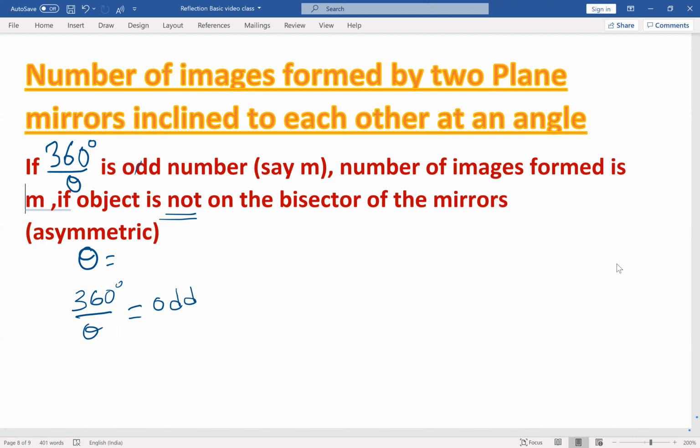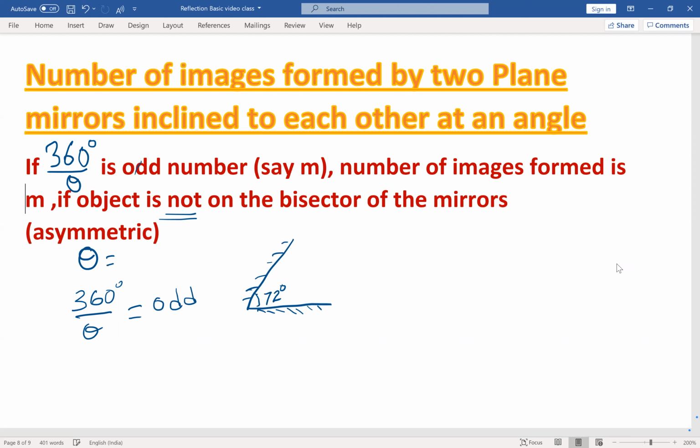See, this is a plane mirror, and this is another plane mirror. The angle between them is 72 degrees.